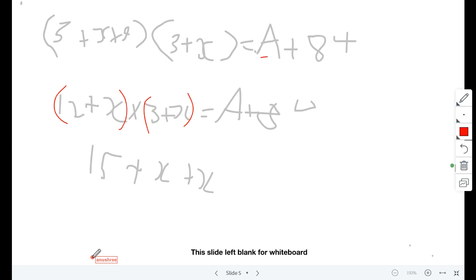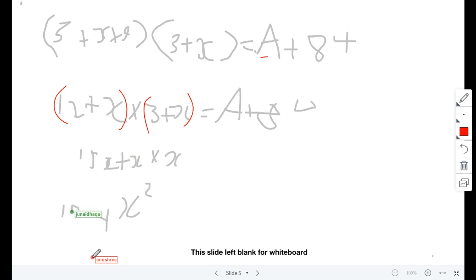This is wrong here. This should be 12. It should be 15x plus x times x, making x power 2, plus 15.